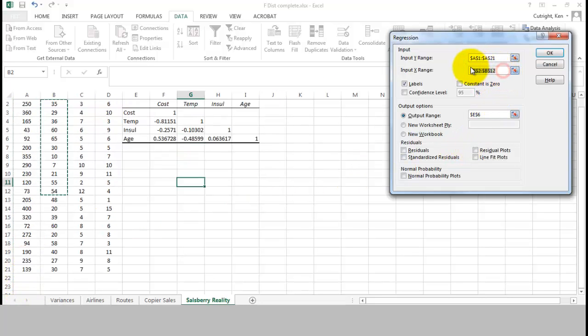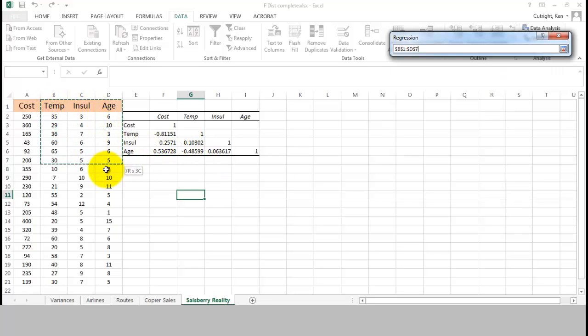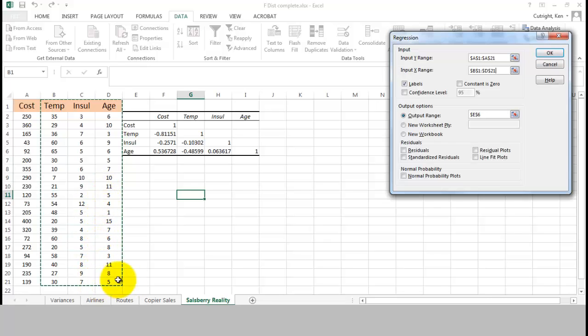And the independent variables, now you got to be a little bit careful with this. The independent variables must be in contiguous cells. They must be together. You can't have space between them. We do have that in this situation. So I'm okay there. I do have labels.